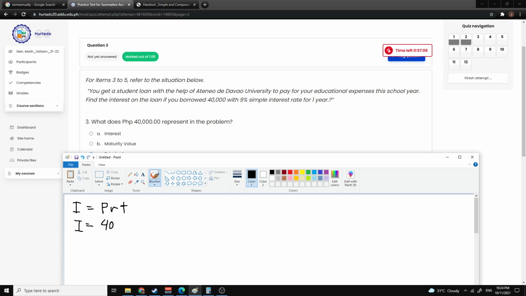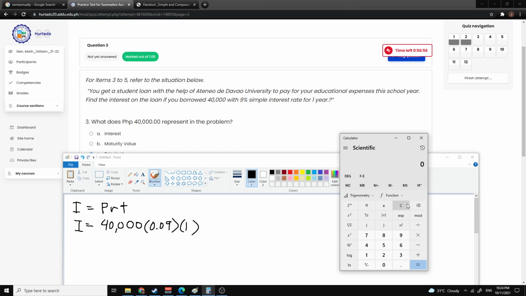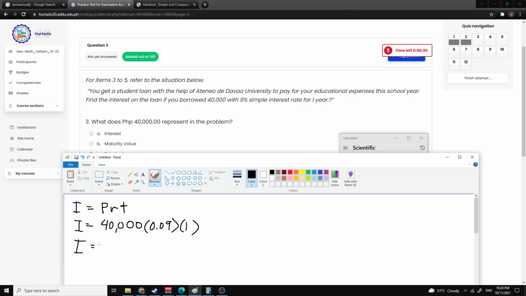That's going to be 40,000 times 0.09 times 1. If we plug that into a calculator very quickly, 40,000 times 0.09 is 3,600. So our answer is going to be 3,600.